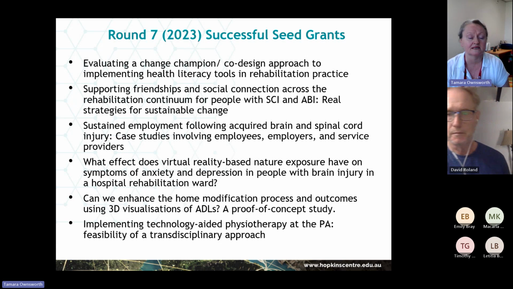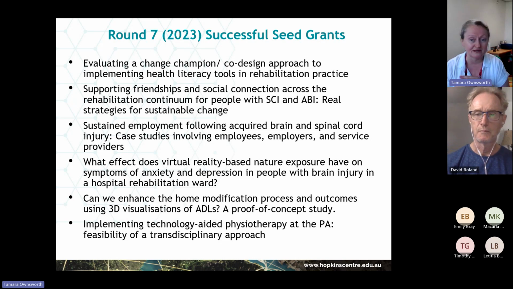The first one is led by Delina Amsters, and we'll hear from Delina a bit later today about this project. Her focus is on change champions with a view to implementing health literacy tools in rehabilitation. This aligns really nicely with the self-advocacy project, which is aiming to increase people's participation in decisions about their care.